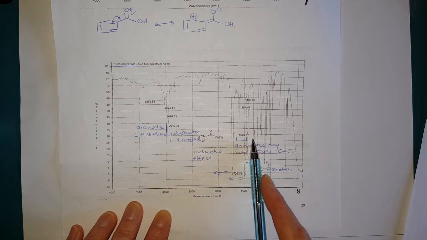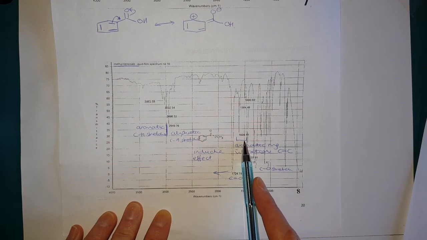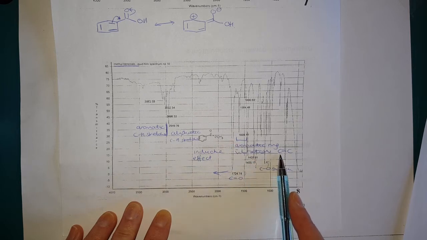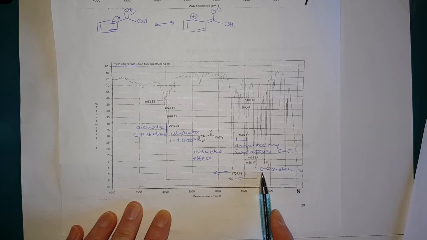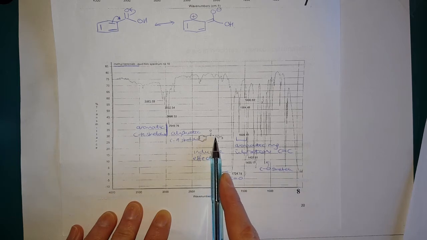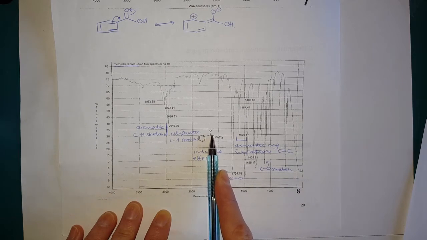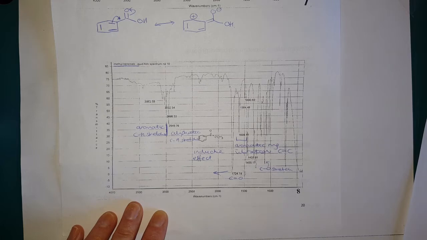Around 1490 to 1600 wave numbers, we've got these aromatic ring vibrations, carbon-carbon double bonds, and we've also got this carbon-oxygen single bond stretch, about 1200 wave numbers, which is corresponding to this carbon-oxygen single bond in our ester group.